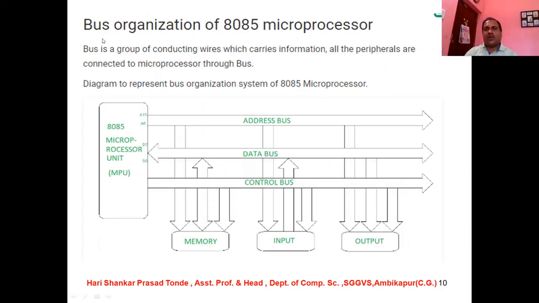So students, now we are going to discuss the bus organization of the 8085 microprocessor, how the bus is going to be performed. Bus is a group of conducting wires which carries information. All the peripherals are connected to the microprocessor through the bus, and the diagram to represent the organization of the 8085 microprocessor is this. So students, this is the 8085 microprocessor unit, and these are the various address buses, data buses, and control buses, and these system buses are attached with the memory and input and output devices.